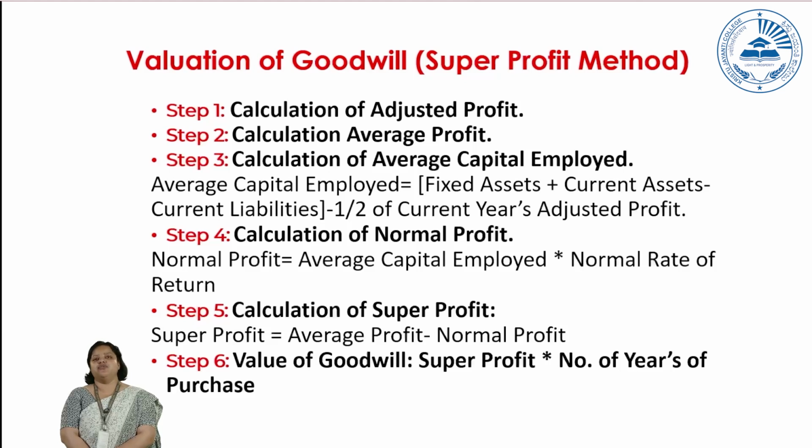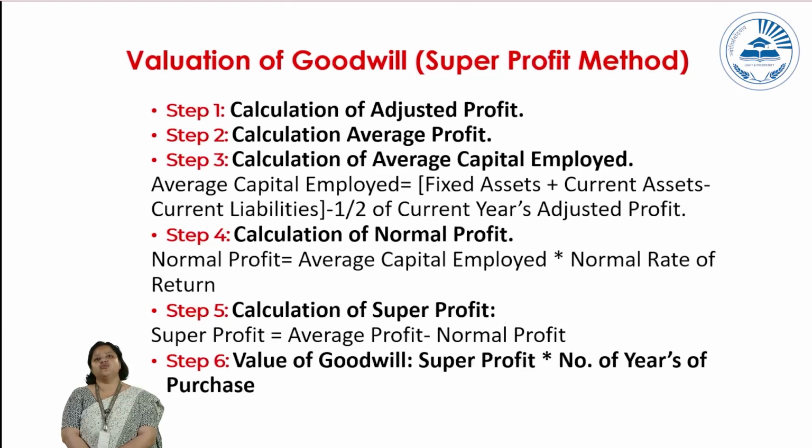So here first we need to calculate the adjusted profit. Now what is the meaning of adjusted profit? When the questions are given, sometimes the owners or the company forgot to adjust some of the expenses or income. If they forgot to adjust some expenses or income with the profit or record them in the profit and loss account, then before calculating goodwill we need to adjust or record them.